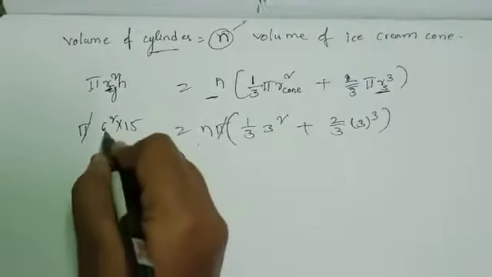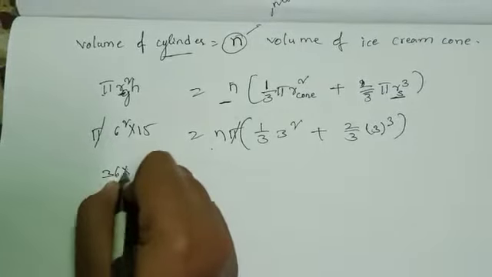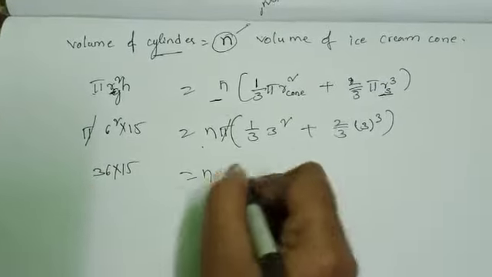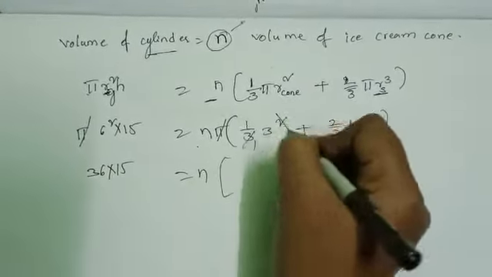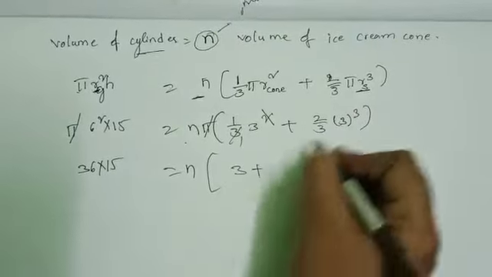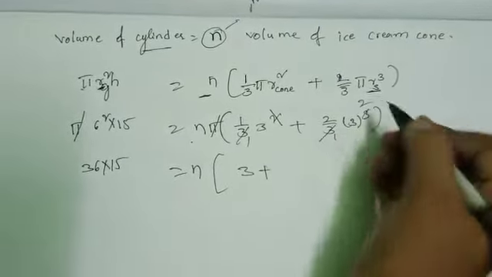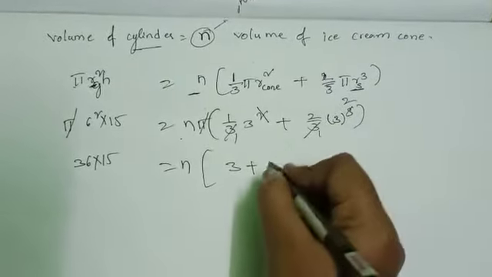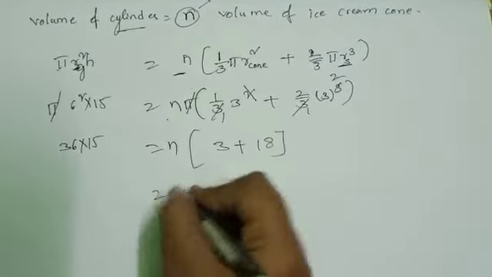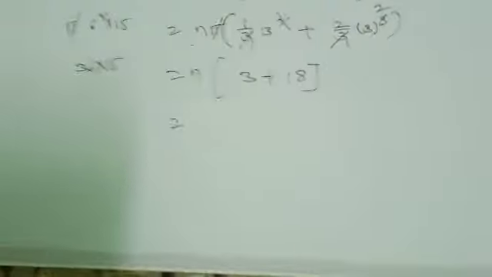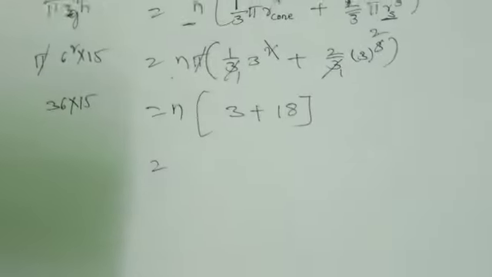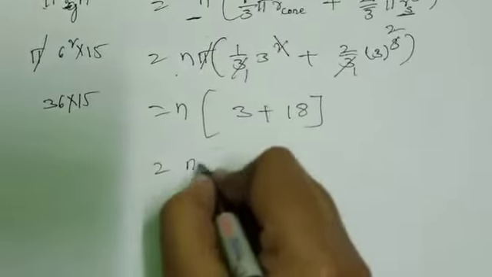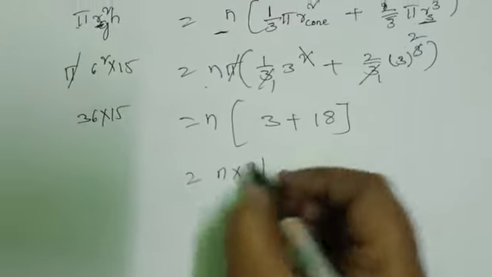Pi gets cancelled. 6 square is 36 into 15 equals n into 3 ones, 3 one time. This is 3 plus 3 one time, 2 times. 2 into 3 square is 9, 2 nines are 18. 3 plus 18 is 21. N into 21.